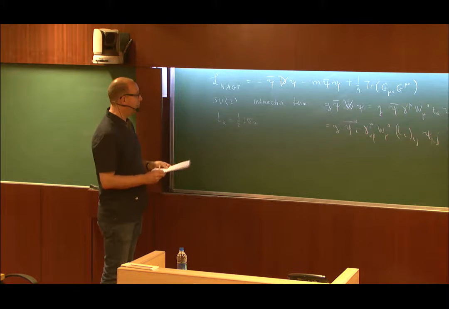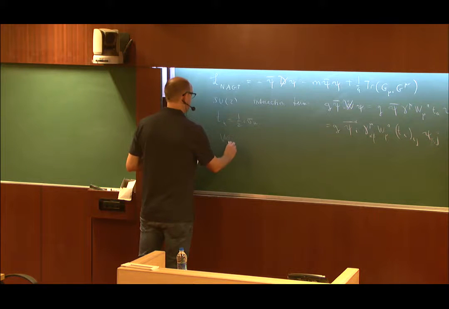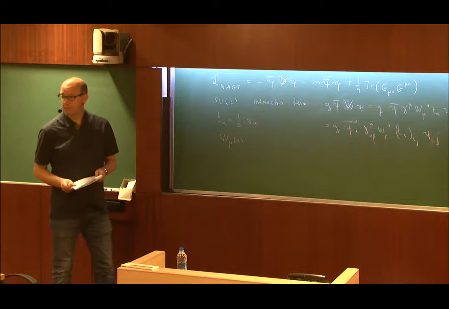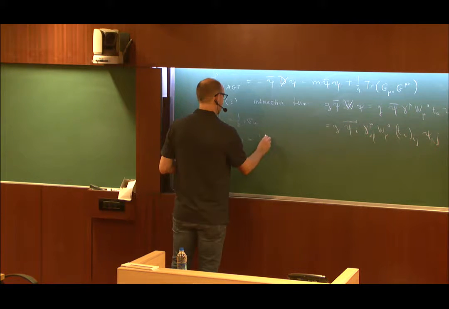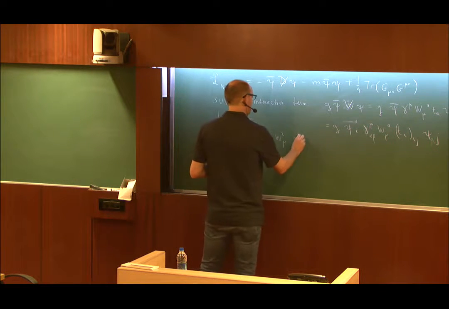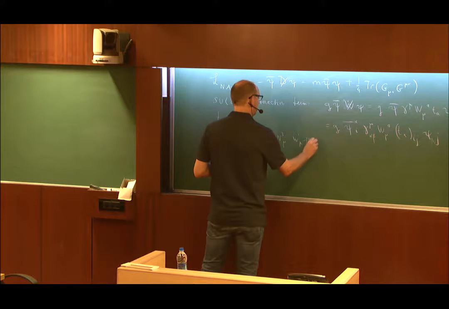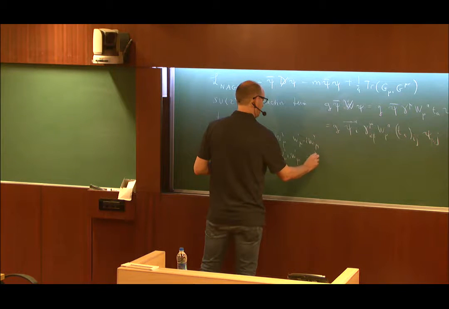So, for example, in that language, W_mu(x), the Lie algebra valued form, would be 1/2 i times (W3_mu, W1_mu minus i W2_mu; W1_mu plus i W2_mu, minus W3_mu).